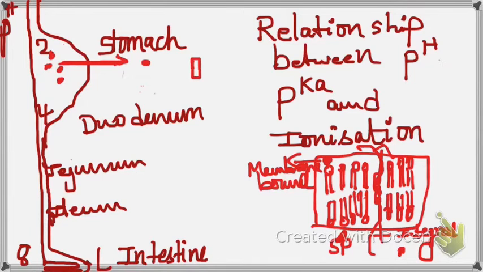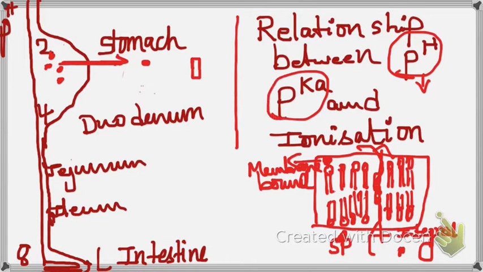And we said it also depends on the degree of ionization. So to talk about degree of ionization, we need to know the relationship between the pH where the drug is present, the pKa of the drug molecule, and its extent of ionization.